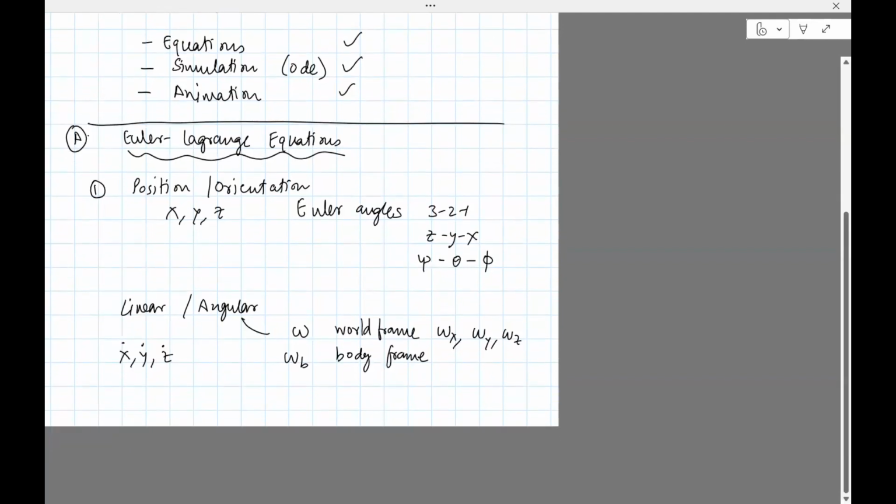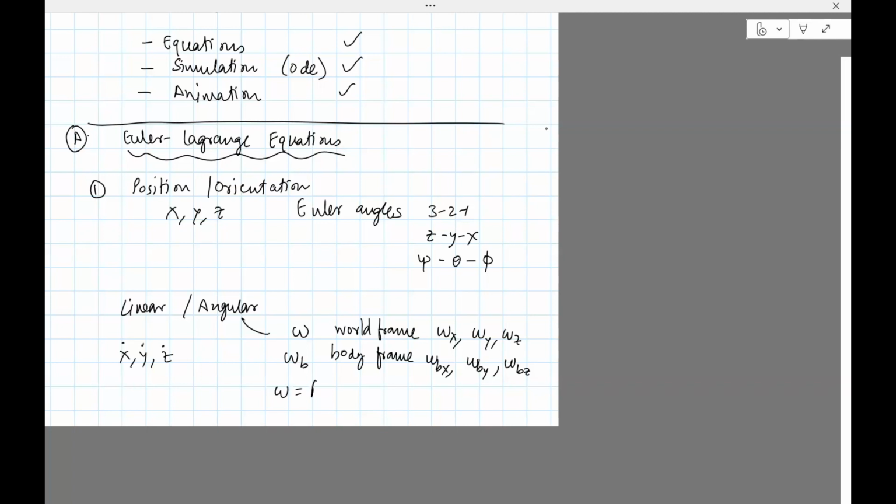This angular velocity was omega bx, omega by, omega bz.